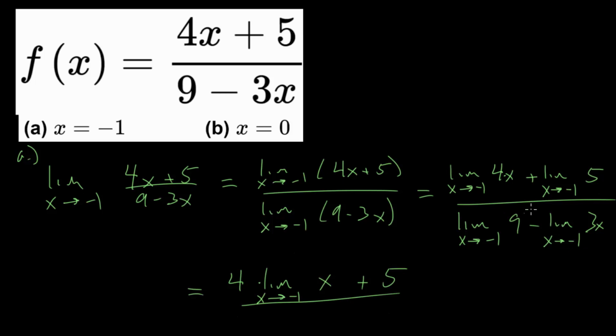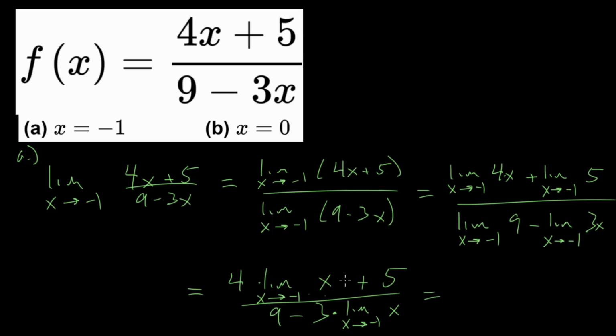And in the denominator, we have the same scenario here as we did up here. When x approaches -1 and there is no x value, this limit is always equal to 9. And we're subtracting the limit of a product where our variable is multiplied by a constant, so we can factor that coefficient out so that we have 3 times the limit as x approaches -1 of x.